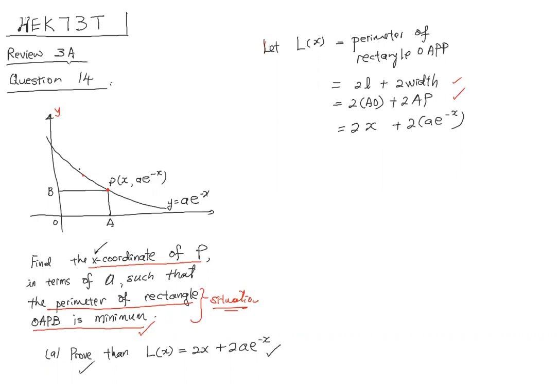Is it to show the sign diagram? Why must I show the sign diagram? To see the sign. So what? How do I know the sign is minimum? So why must I find the derivative function in order to solve this problem?